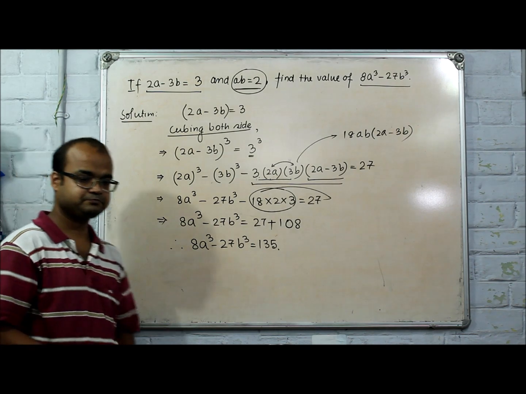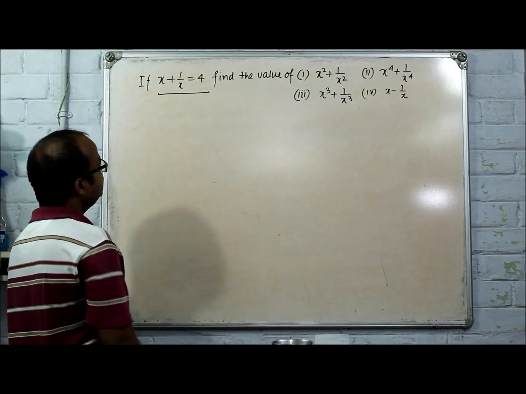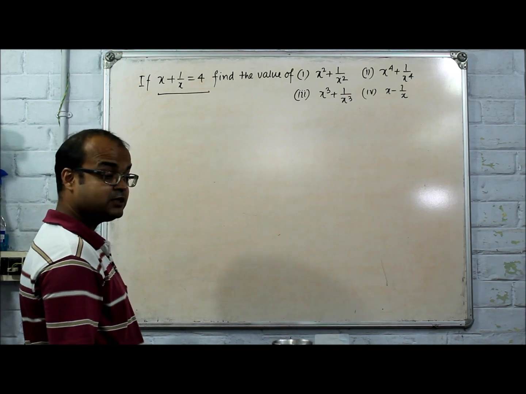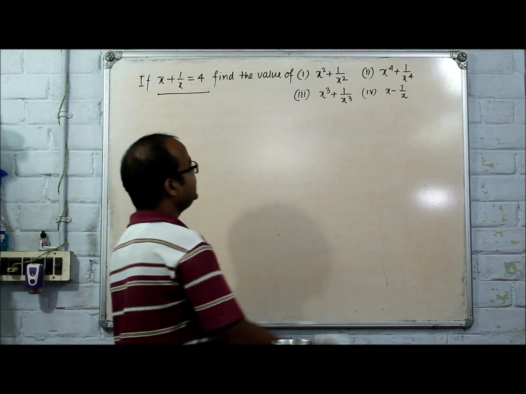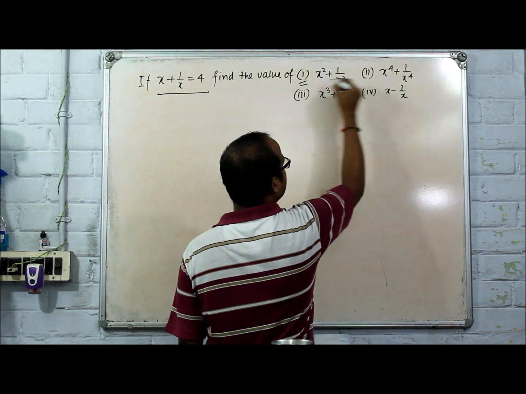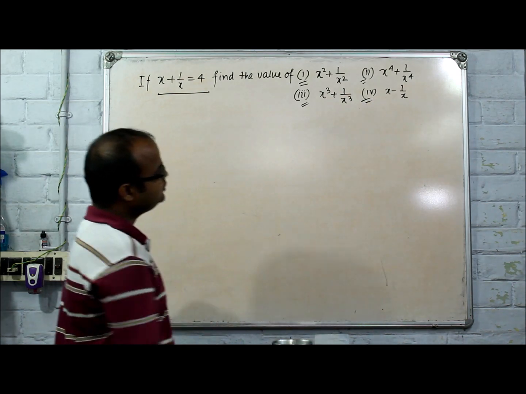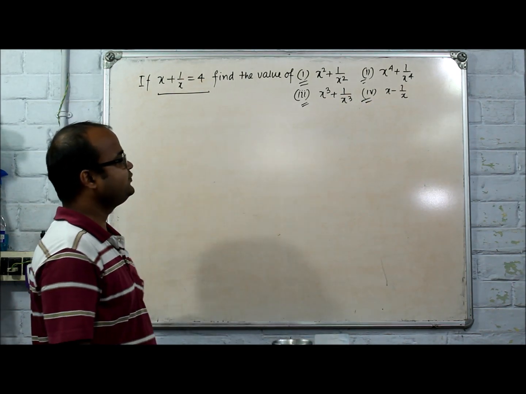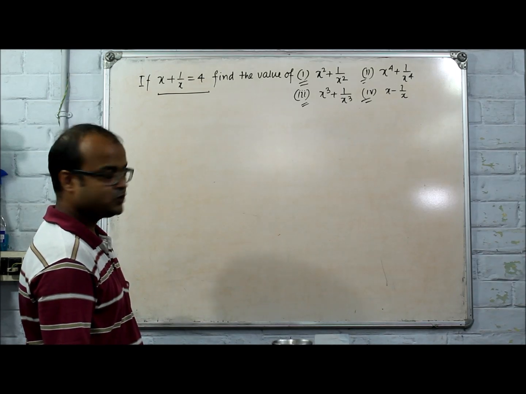Clear? Now the next problem is, if x plus 1 by x is equal to 4, find the value of, there are 4 subparts of it. So first let us take the first one, x square plus 1 by x square.